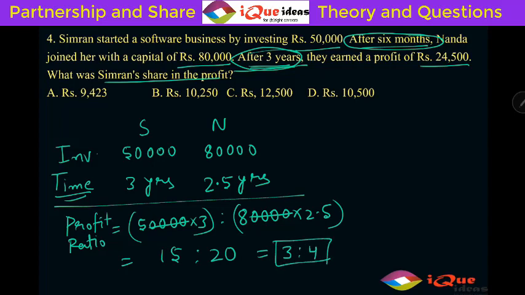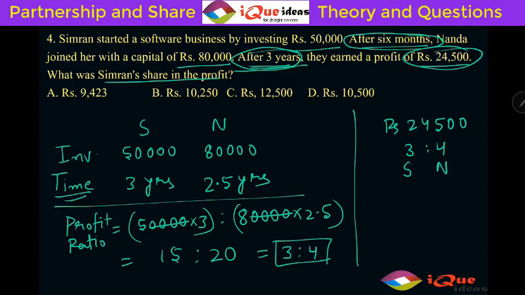Now what is the question saying? They have a total profit of 24,500. So basically what we do is we divide the total profit of 24,500 rupees in the ratio of 3:4. 3 stands for S, that is Simran, and 4 stands for Nanda, that is N. Right? So the share of Simran, because the question is asking for Simran's share, would be equal to 3 divided by 7 into 24,500. 3 plus 4 is 7.